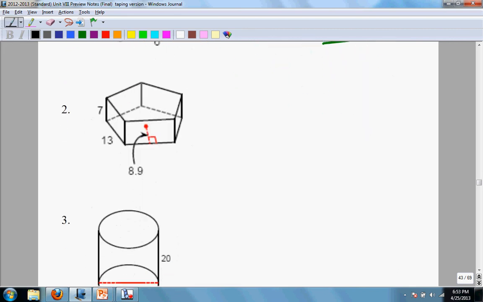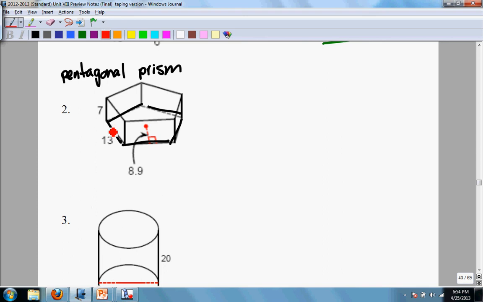Let's take a shot at number 2. Number 2 is a prism as well, but it is a 1, 2, 3, 4, 5. So this would be called a pentagonal prism.